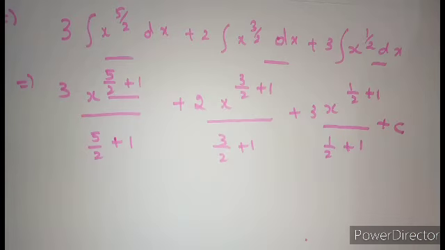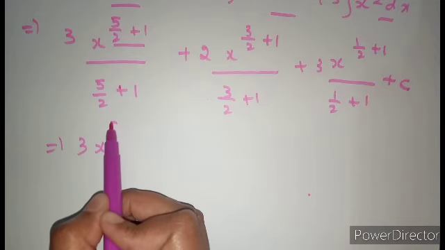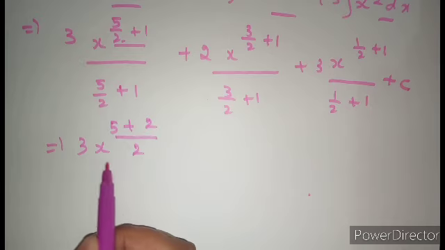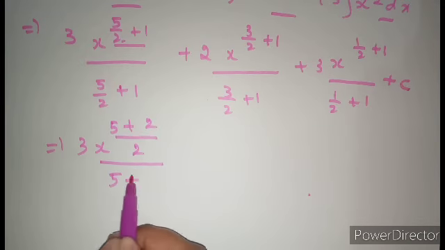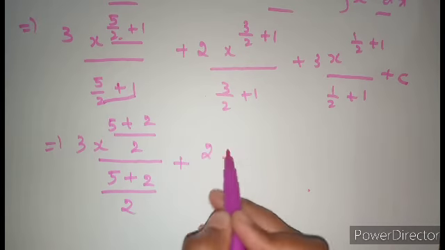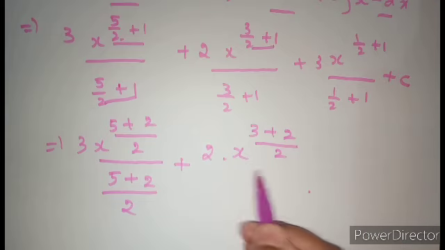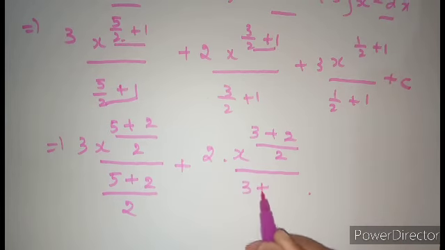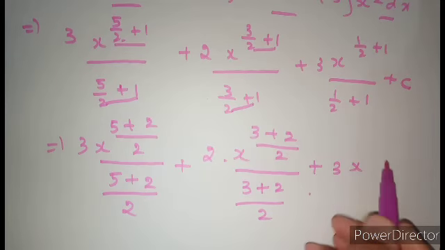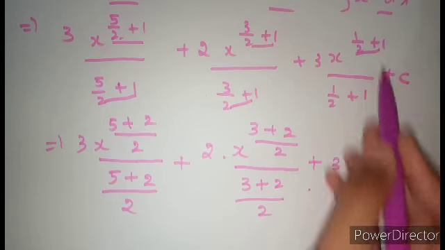Now solve this. 3 x raised to 5 as it is plus 2 ones are 2, upon denominator is 2. Next 5 as it is, 2 ones are 2 upon 2, plus 2 x, 3 as it is plus 2 ones are 2 upon 2, plus 3 x raised to 1 as it is, 2 ones are 2 upon denominator 2 as it is.